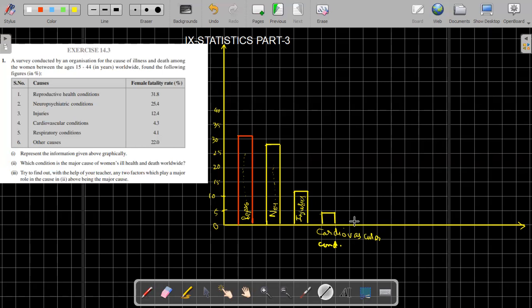That was 4.3, this is 4.1. It is smaller than this. Here again you have a problem to write, so you can write above respiratory condition. Then last, other causes up to 22. The 20 is here, 21, 22 will be up to here.